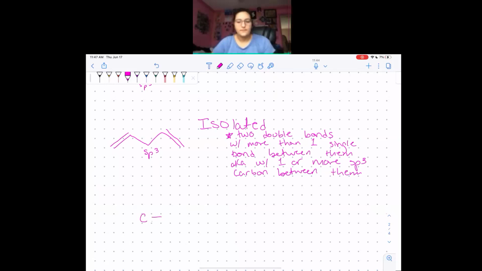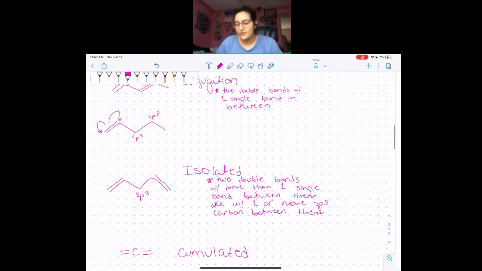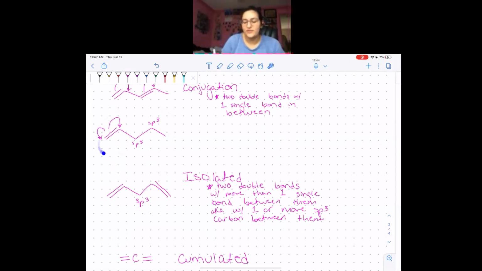So the last thing we have to deal with is essentially like the opposite of isolated. So we have one carbon that has multiple double bonds attached to it. So we're going to call this one cumulated. And someone said, what's the one in the middle referred to as? So if you're talking about this one, this is just one single double bond. So it's nothing special. It doesn't have a special name.